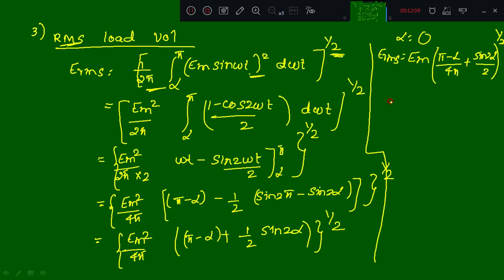Then if I take alpha as 0, this becomes Em, and pi upon 4 pi plus 0, raised to half. This pi and this pi will go, and the sine term is 0. We will have Em upon 2. This is the maximum value of ERMS when alpha is 0, the maximum RMS load voltage.